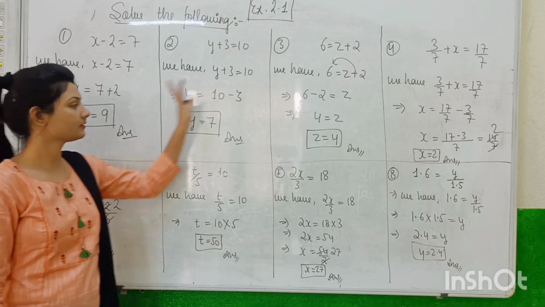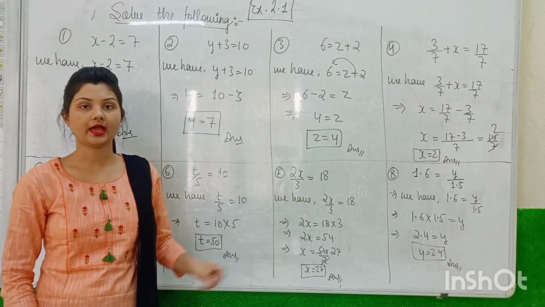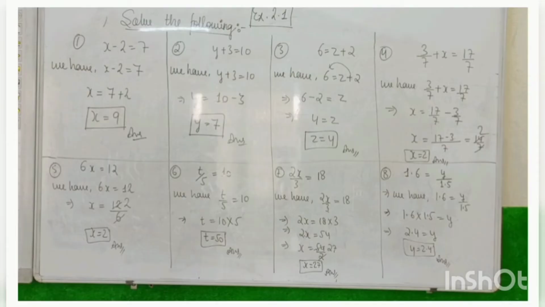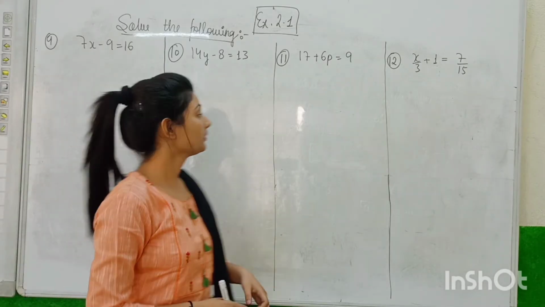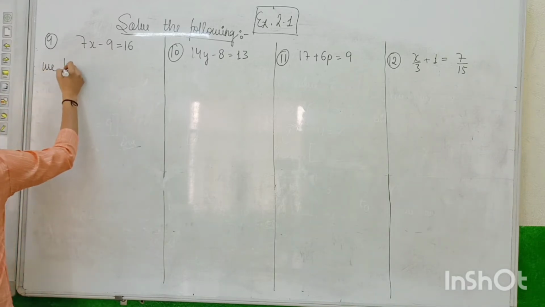So like this, we solve the given equations and we find out the value of x. So now the remaining questions, 7x minus 9 equals to 16.